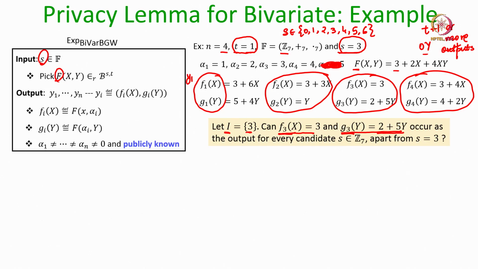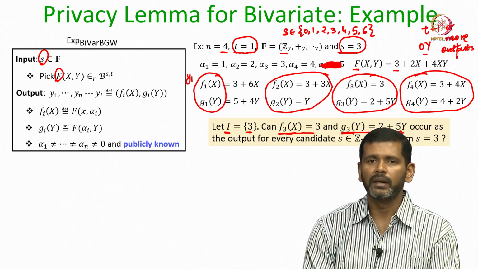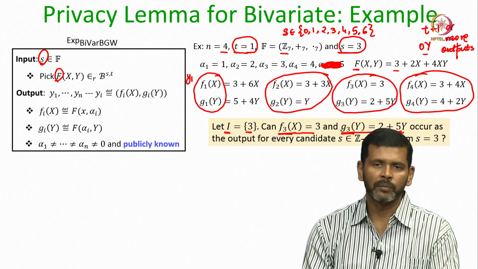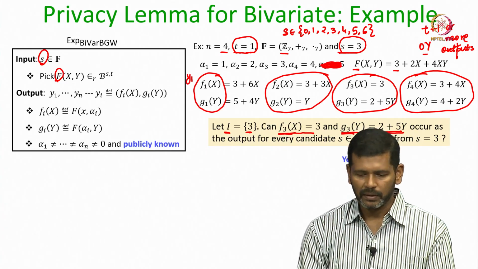And once you find out uniquely what was my bivariate polynomial, you can uniquely find out the input, because the input was nothing but the constant term of the bivariate polynomial. It is only when I restrict to t outputs that this claim holds. You can't pinpoint what exactly was my input.